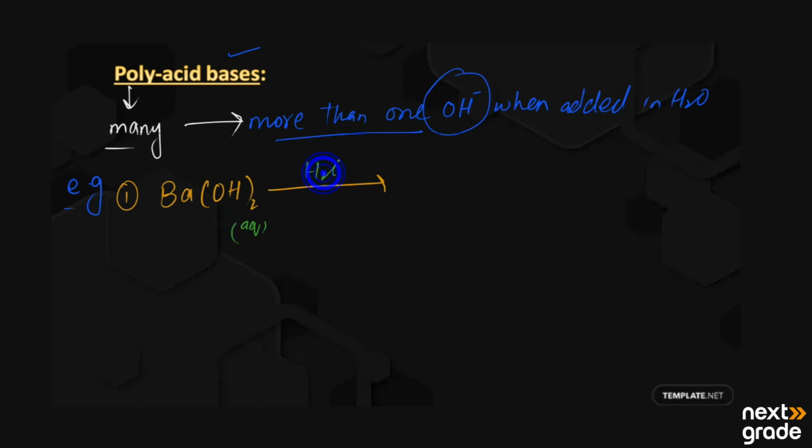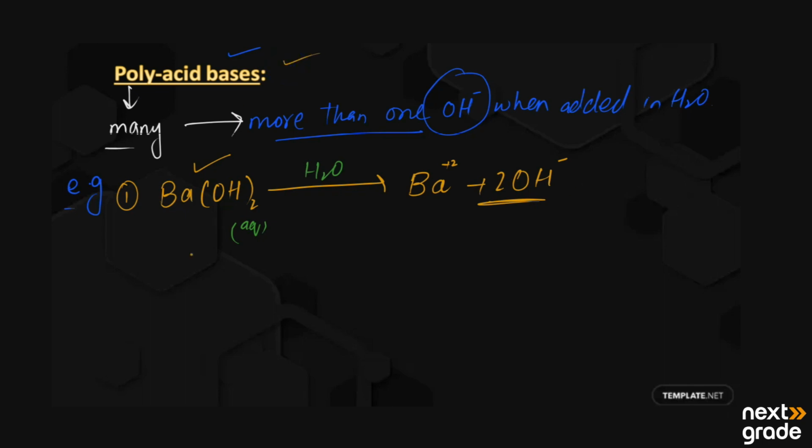When it is dissolved in water, the main products are barium as a cation and hydroxide ions as OH negative. Here we have two hydroxide ions. One molecule of barium hydroxide produces two hydroxide ions.